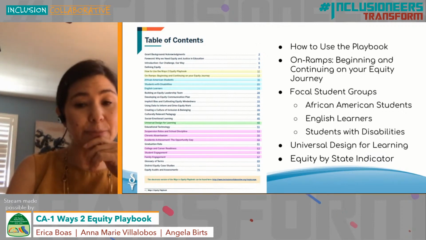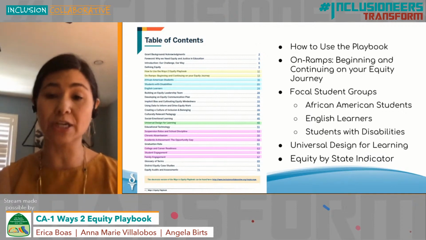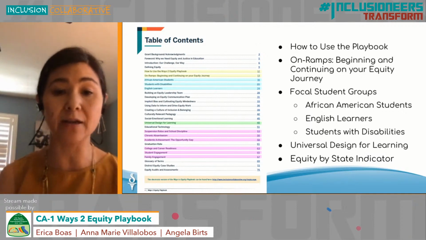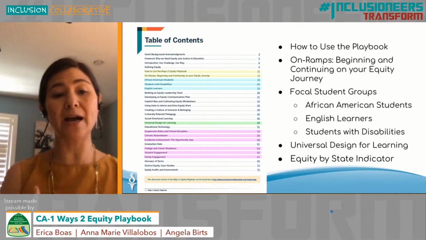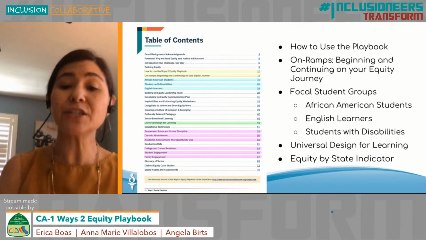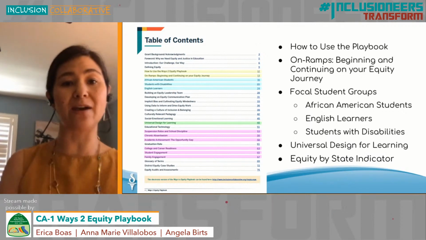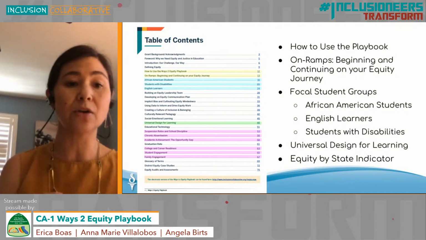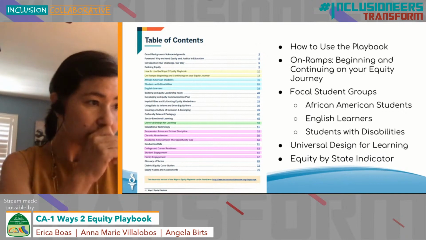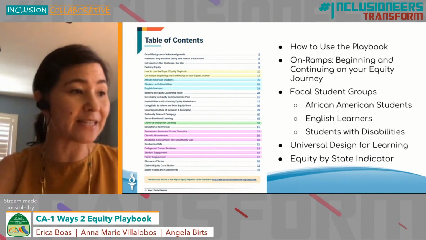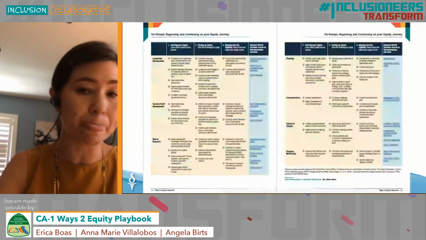One of the key aspects of this, given that we take a targeted universalist approach, is the universal design for learning section. And we also provide guidance on equity by state dashboard indicators. So we look at, for example, suspension, chronic absenteeism, academic outcomes, etc. Please go ahead and access that as one of our attachments in our portal.